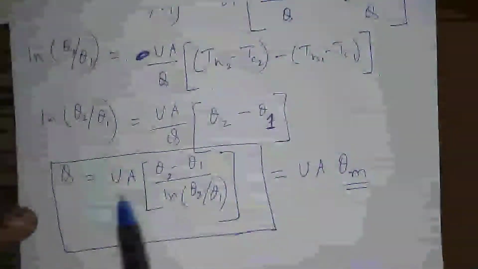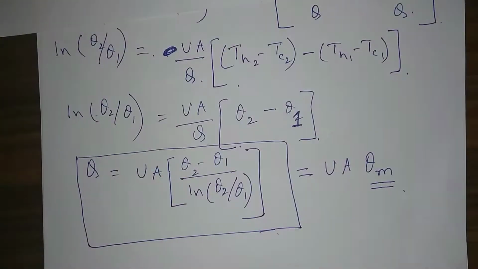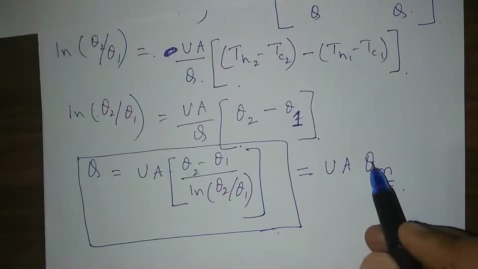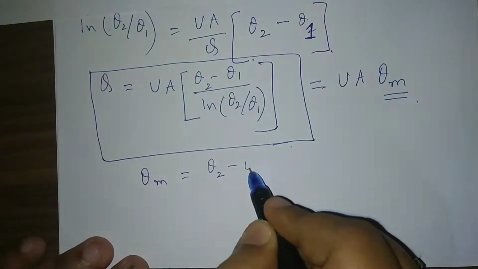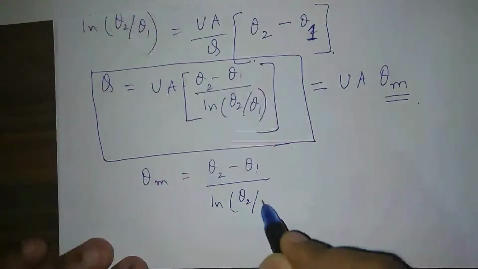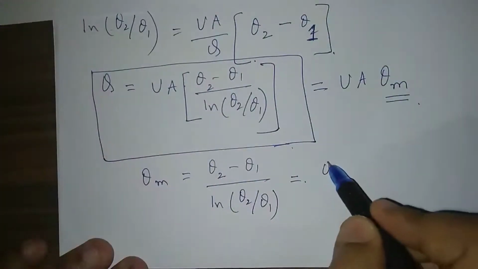Whenever we are trying to calculate the heat transfer rate for a parallel flow heat exchanger, the temperature difference cannot be taken randomly. It has to be the logarithmic mean temperature difference, and that is defined as theta m equal to theta 2 minus theta 1 divided by ln of theta 2 divided by theta 1, which is also defined like this.